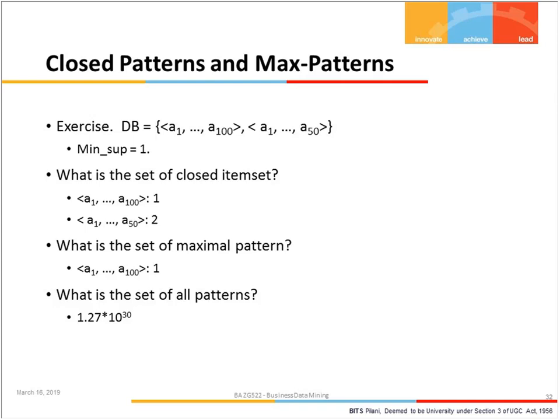Since A1 to A50 is a subset of A1 to A100, the maximal pattern is only one. So the total number of patterns is 10 to the power of 30, but closed frequent item sets are only 2, and maximal frequent item sets are only 1.